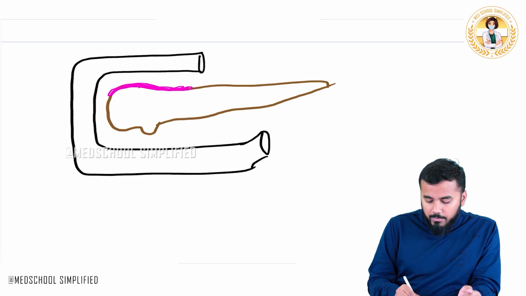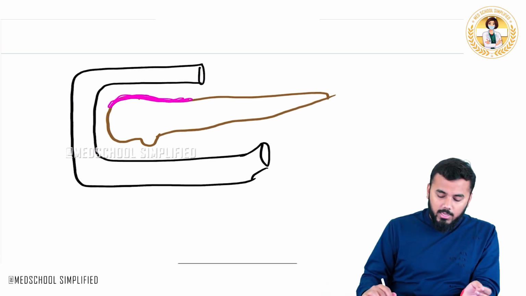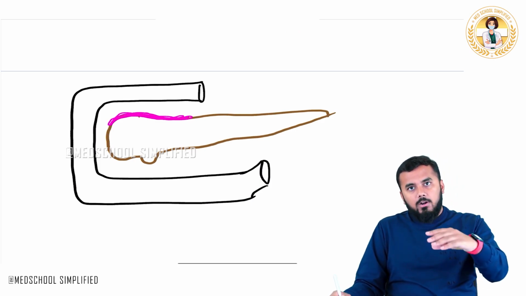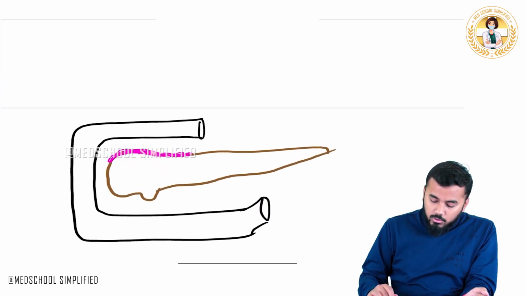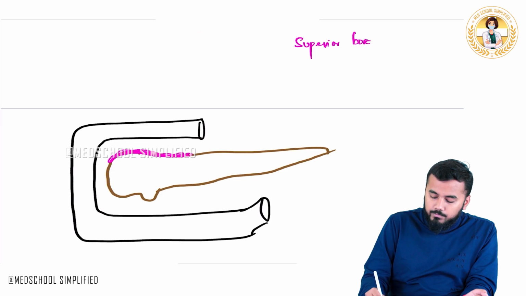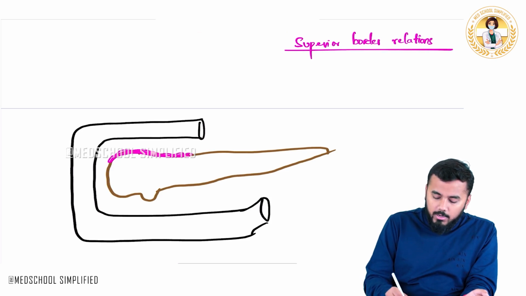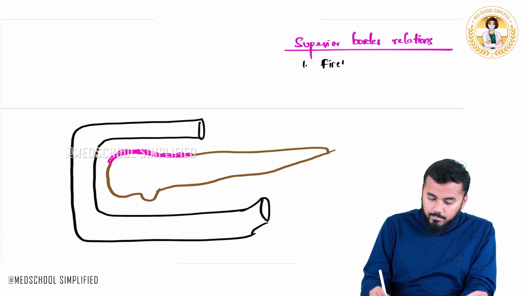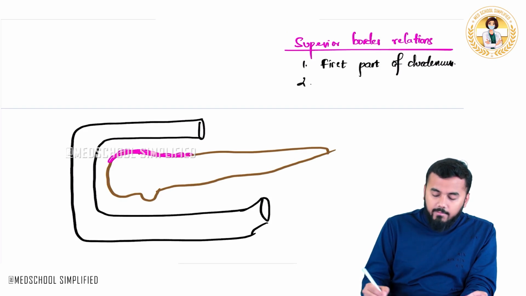Now this superior border of the pancreas, what are the relations of this? So here on the top, what do you have? Duodenum. What is this duodenum? The first part of the duodenum, the superior horizontal part. So the superior border relations: the first one is the upper horizontal part of the duodenum, the first part of the duodenum. What is the second one?